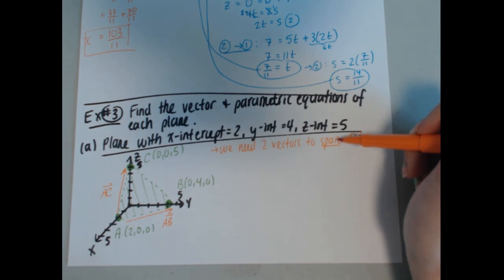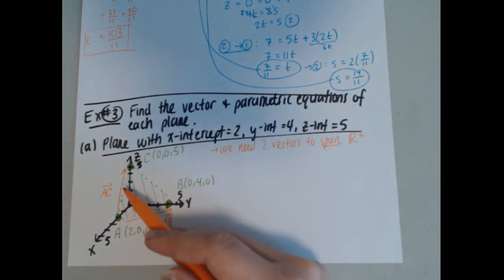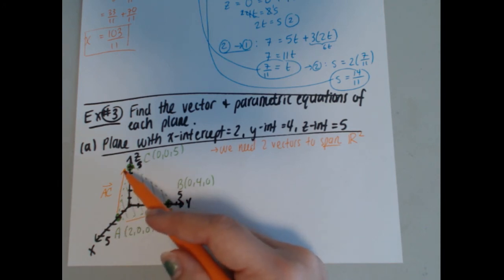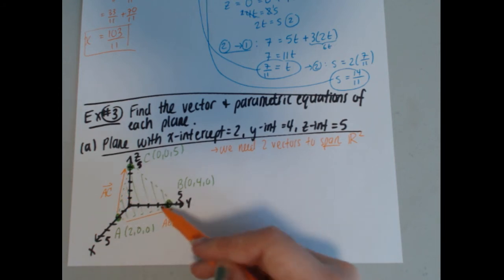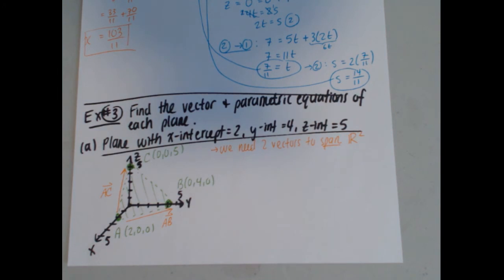So if I have two vectors that are parallel, then there's no way that I can move away from that straight line. But if I have a vector that's not parallel with AC, that means I can move away from AC by using some scalar multiple of AB, whether that's positive or negative and however big it happens to be.